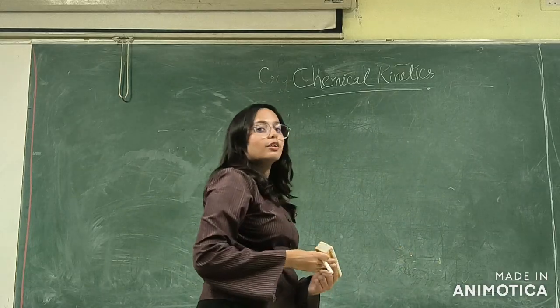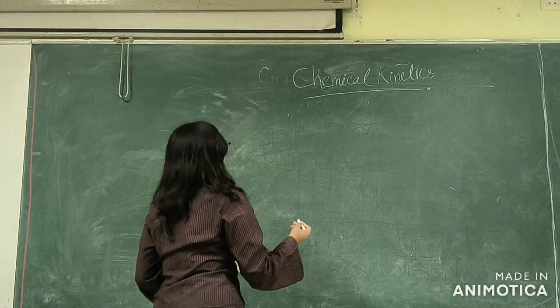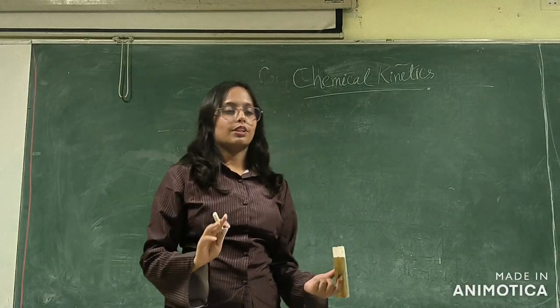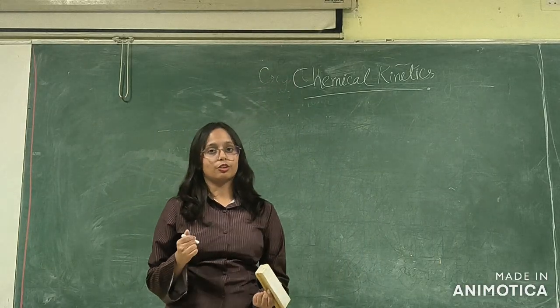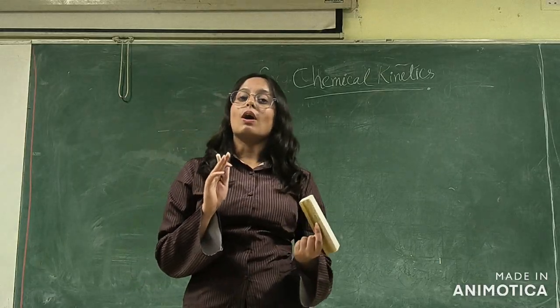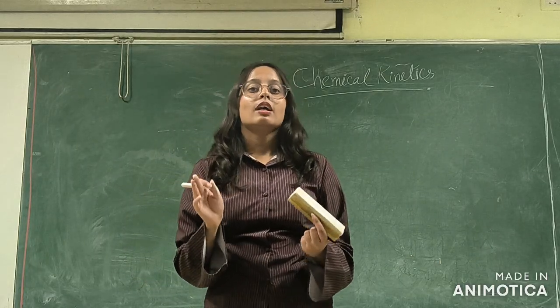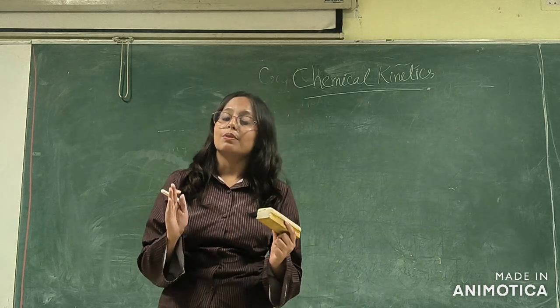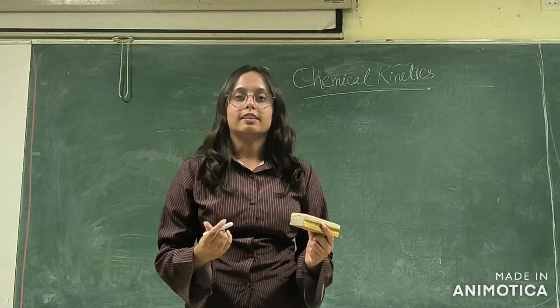Now let us move to different order of reactions. First I want to say that there are different orders of reaction like zero order, first order, second order. Okay, but before quantifying the amount of time, we first need some mathematical expression to solve and get the time.